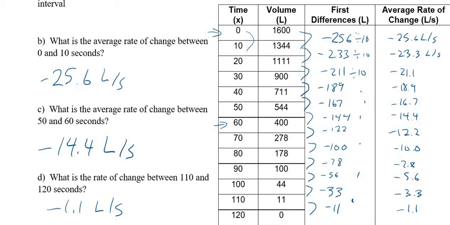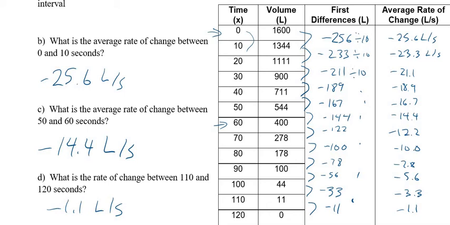The negative means that we're losing, and 25.6 refers to the number of liters that we're losing every single second on average. Between 50 and 60, we're losing a little bit less. It's 14.4 liters per second because there's less pressure from the water above pushing it down the drain. And then at the very end, we're losing about 1.1 liters per second.